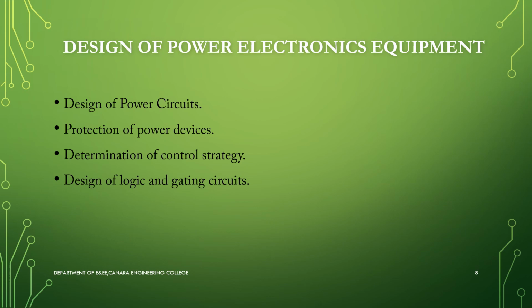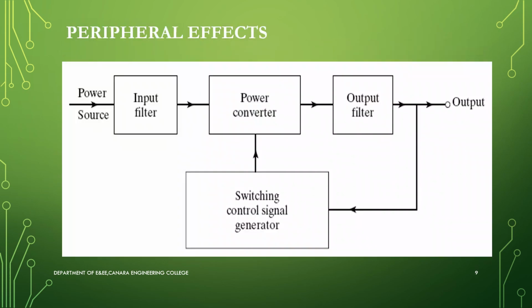We have to design suitable protection schemes, as well as a gating circuit for applying input to the gate of the transistors or thyristors. So with these things you can design any power electronics equipment.